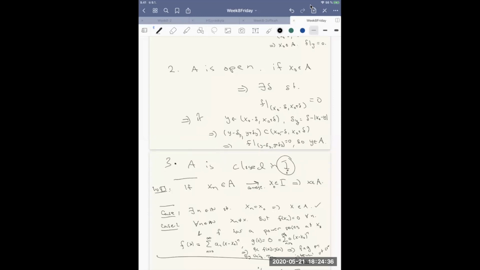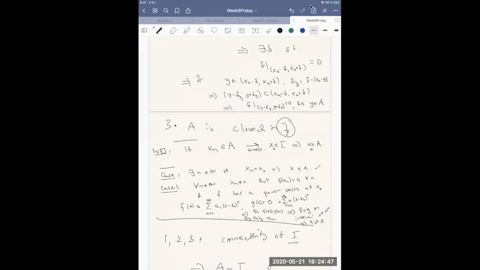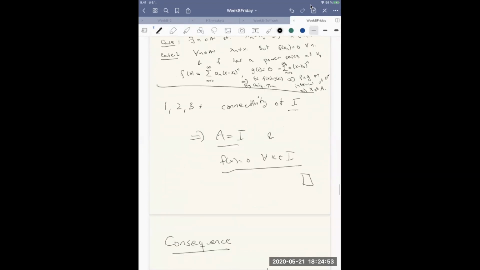And therefore, that gives us a neighborhood, so that x naught is in A. This is exactly what we want to show. So we're using the uniqueness theorem to get us that interval. Therefore, by connectivity, the whole thing is the same.